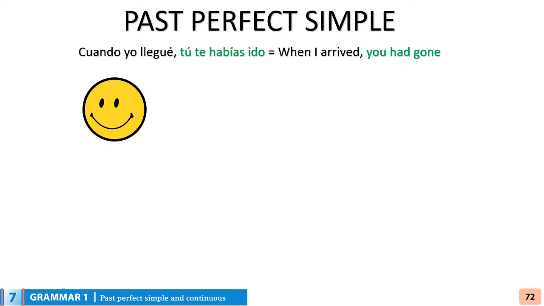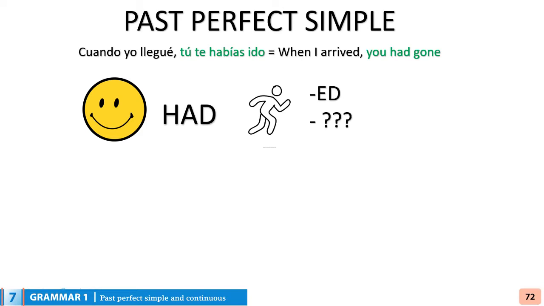You got a subject, then you have to say had all the time, then you have to say the verb, but the past participle part of it, okay? So remember, every single verb has got 3 different forms. This is the infinitive, go, for example.